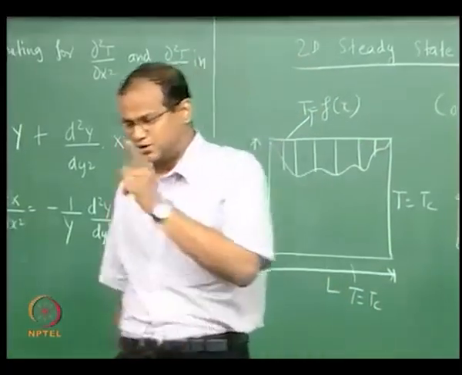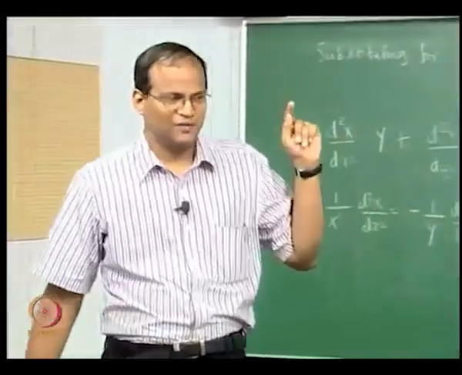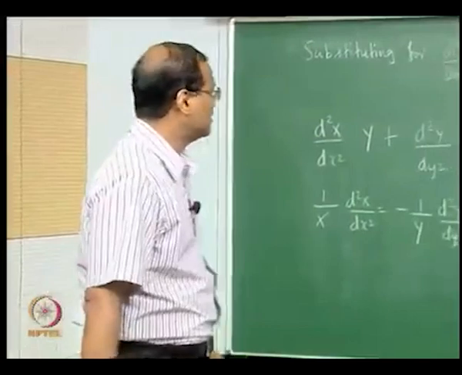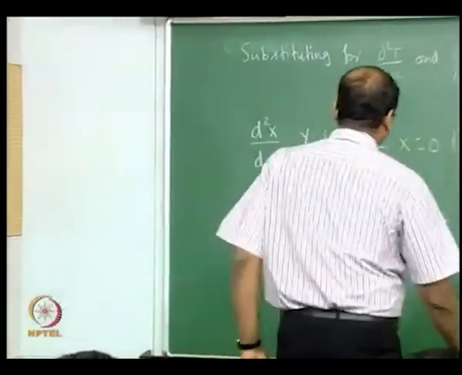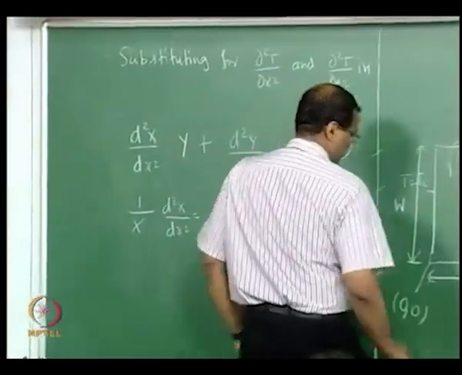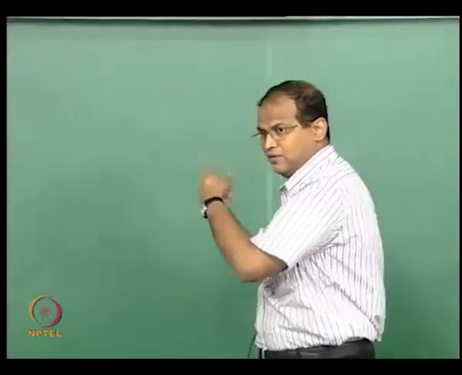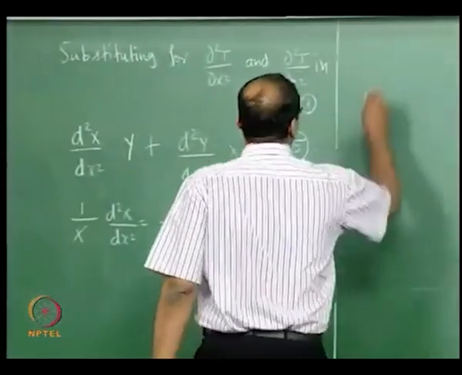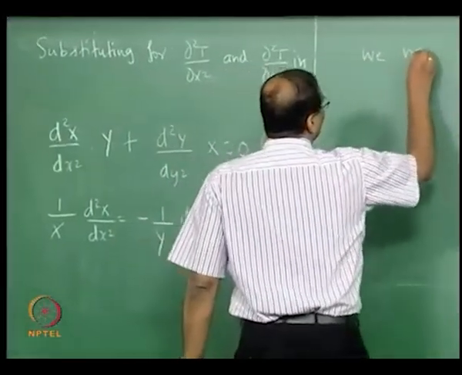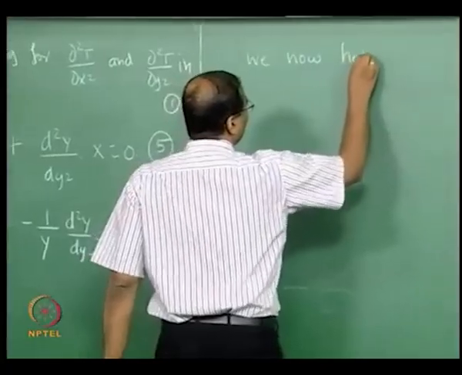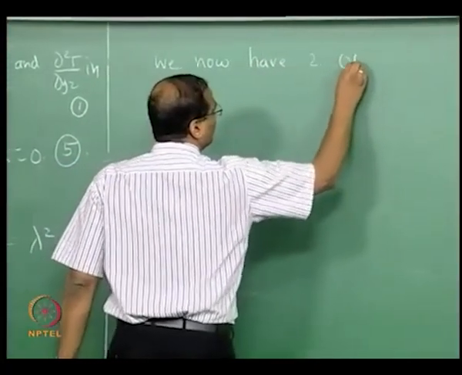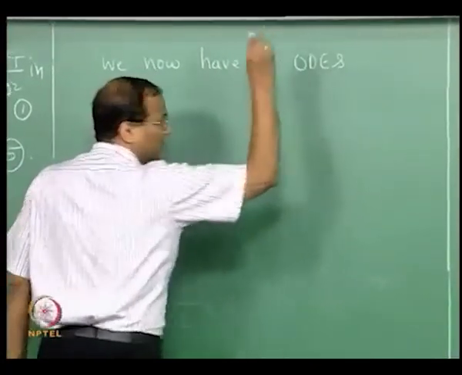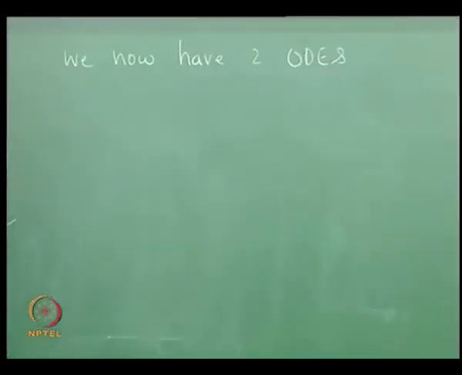It is plus because of the boundary conditions, which will become clear in a few minutes. Now can we solve? We now have two ordinary differential equations.